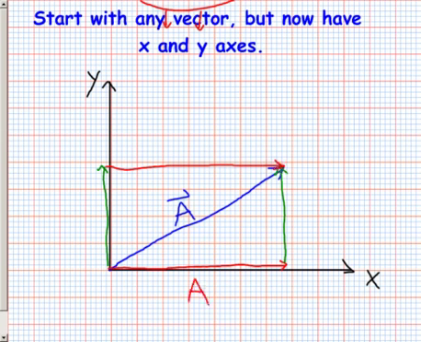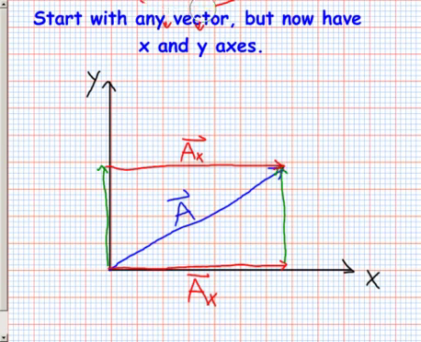So I'm going to call my red vector A with a little x, because it's how much of A is in the direction of the x-axis, A sub x. And since the one on the top is equivalent, I'm going to label that the same. Both of those are A sub x vectors.